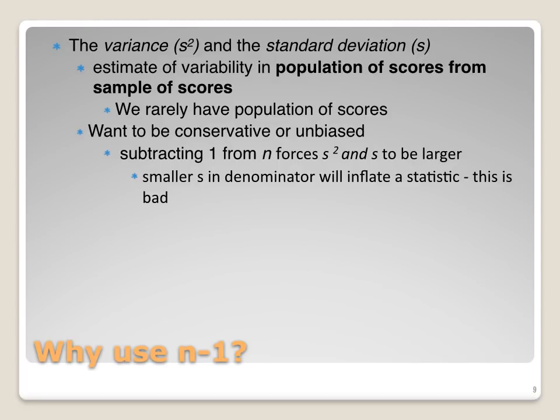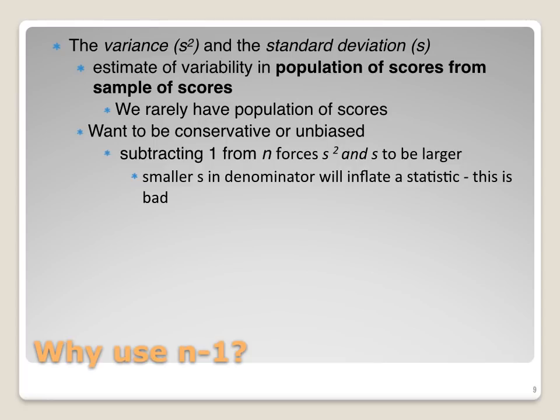We don't have that population. So what we're trying to do is estimate what the mean of that population is and what the variability of that population is. If we're trying to make an estimation of the variability of the population based on a sample, we tend to be, in statistics, conservative. Being conservative means that we're trying to be unbiased.